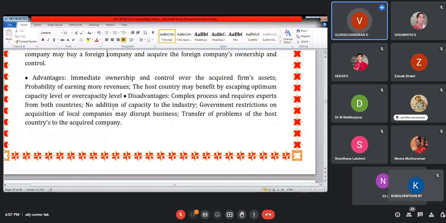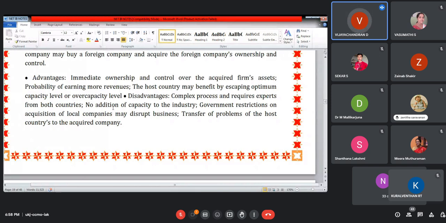So what is the disadvantage? It requires experts from both countries. So it is a complex process. They will run the business in different environments, and the business running in another company will do its business in a different environment. So they are not doing the business in the same environment. The merger is possible only with a study of the environment where they are operating their business; that is very important.